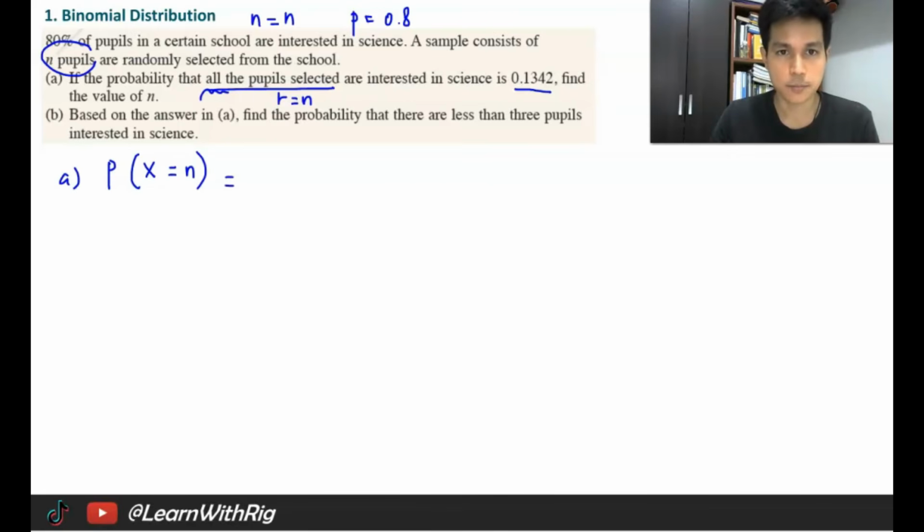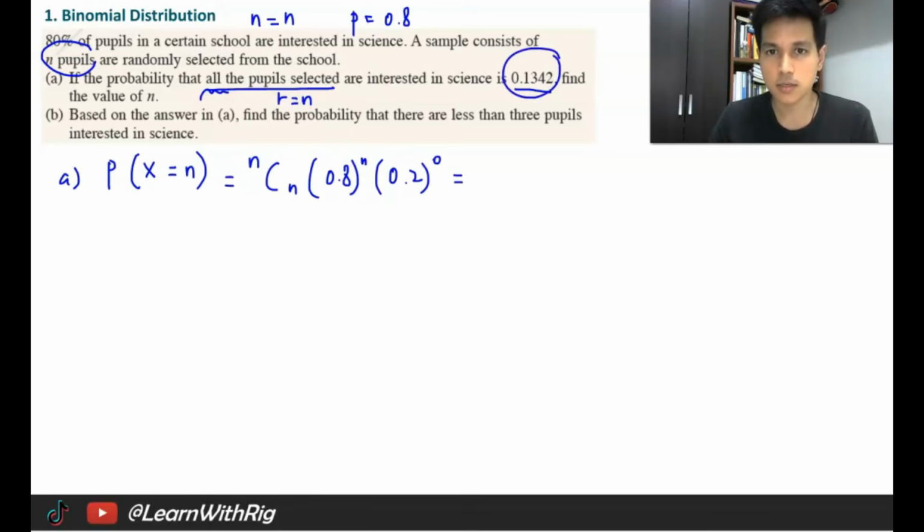So you should get n choose n times the p value, which is 0.8 power n. Here is 0.2, so n minus n is 0. So this is equal to the probability, which is 0.1342.